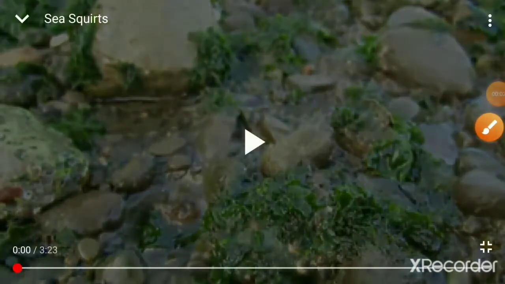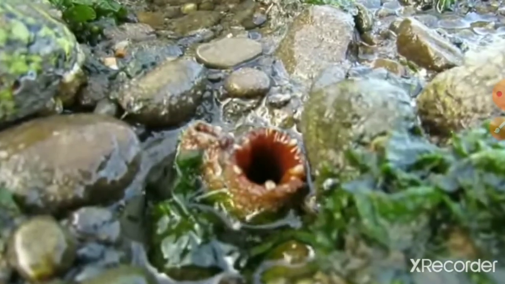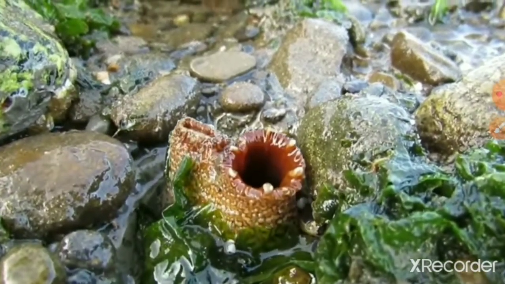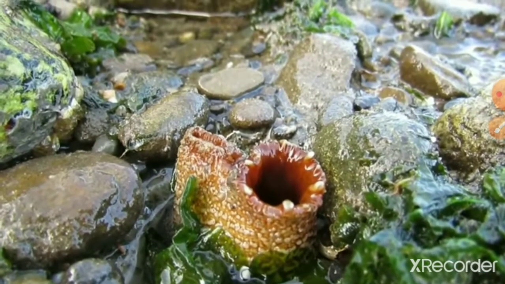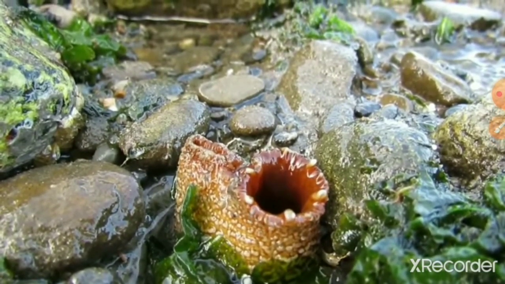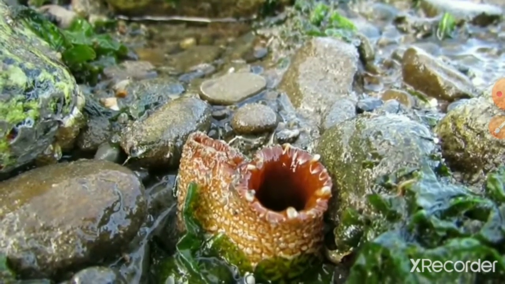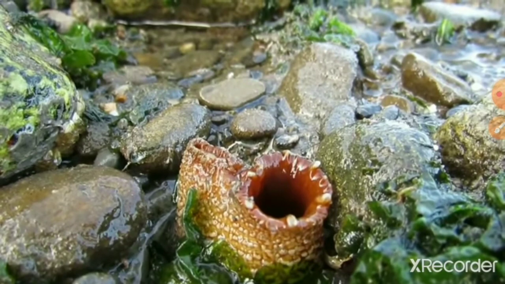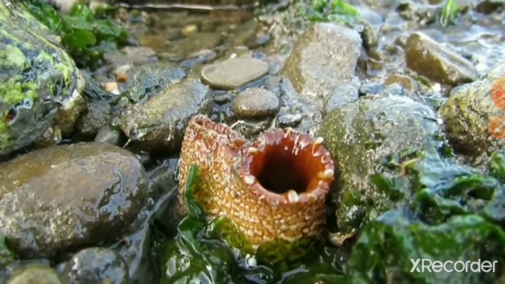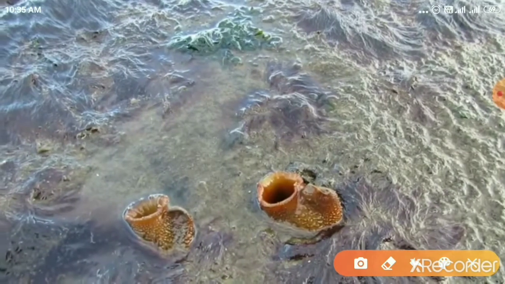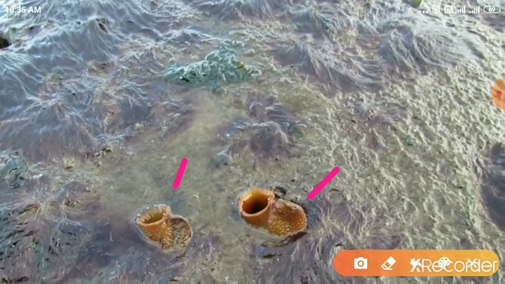Today we are going to discuss the study of Herdmania. Before going to study Herdmania, I want to show you the video of Herdmania, or sea squirt. Here you can observe this emerging sea squirt with two openings, the branchial aperture and the atrial aperture. You can also see the other Herdmania in the water.